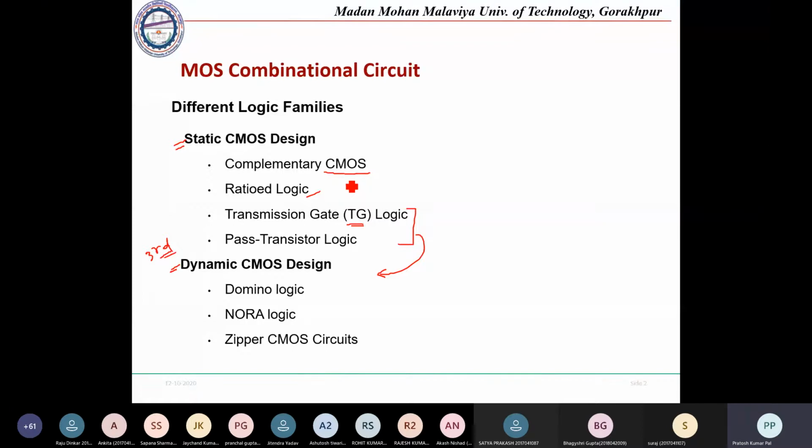In dynamic logics we will be studying domino logic, NORA logic, and zipper logic. These logics have some advantages and disadvantages. So we will be seeing in detail what the advantage of a particular logic family is and how it affects the overall performance in terms of delay and power.